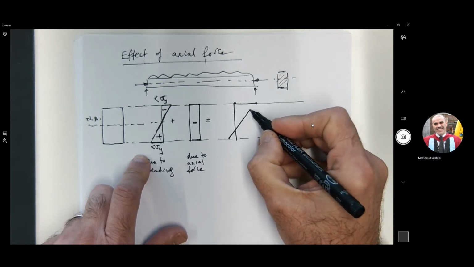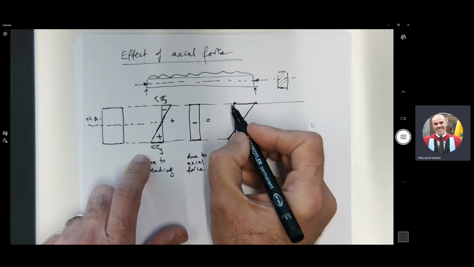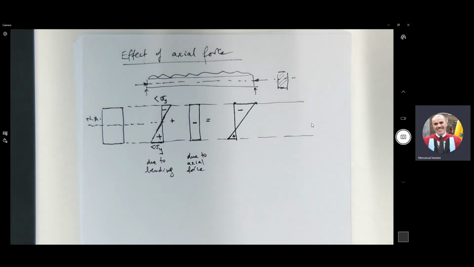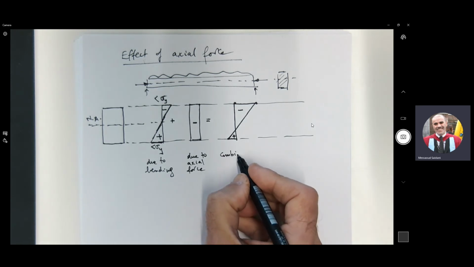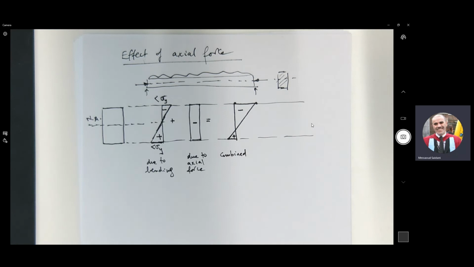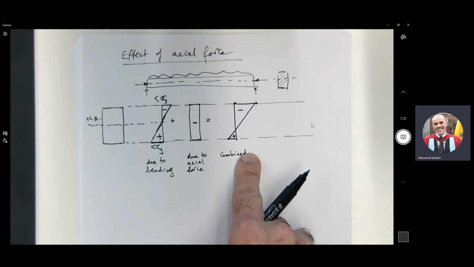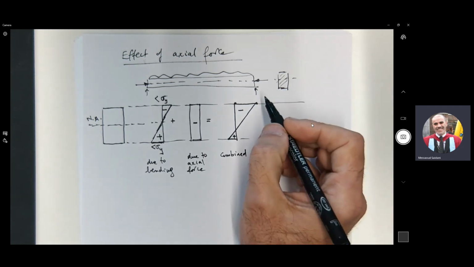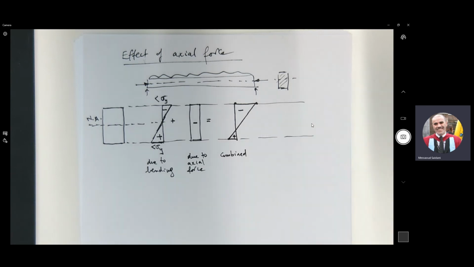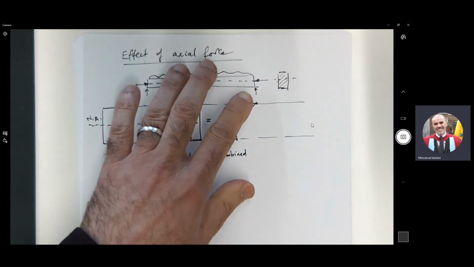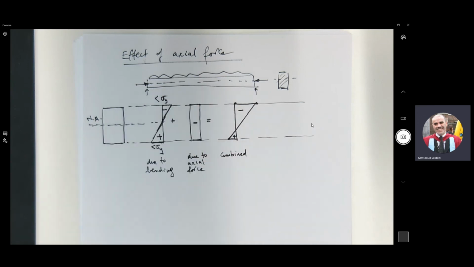Do you agree? And this is the combined diagram. When you combine these two, as I said, you get this diagram here.